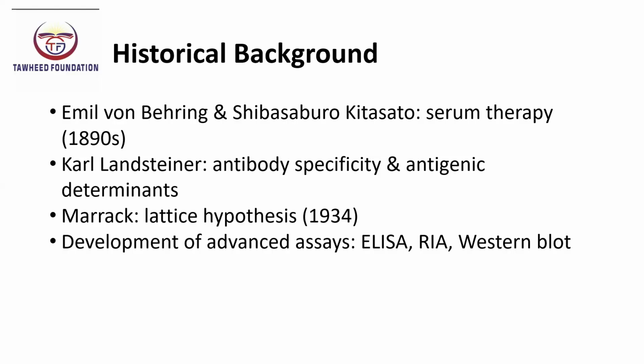As technology advanced, newer immunological tests were developed, such as the radioimmunoassay in the 1960s, and ELISA and Western blot in later decades, which greatly improved the sensitivity and accuracy of detecting antigen antibody reactions. So, together, these discoveries transformed immunology into one of the most precise diagnostic sciences in medicine.